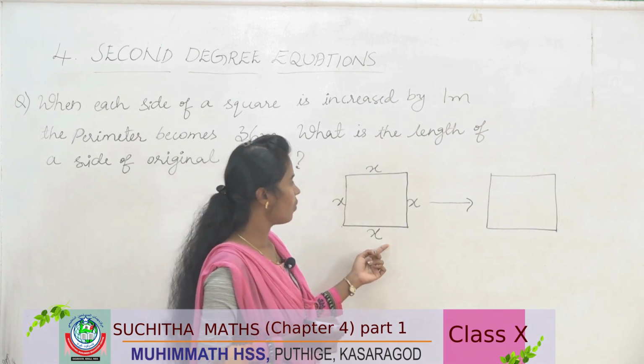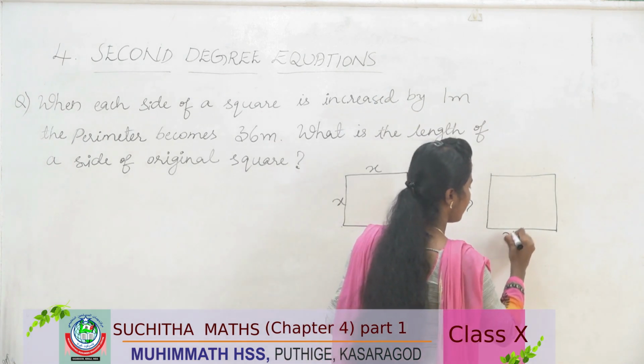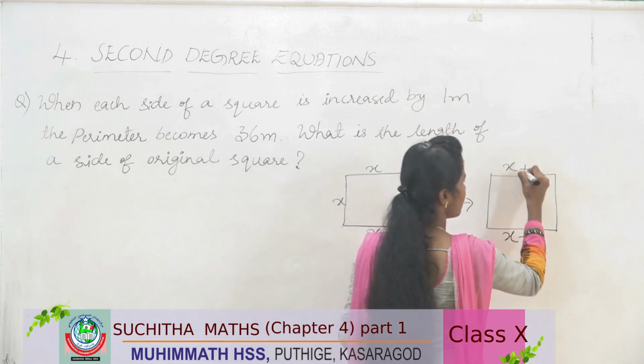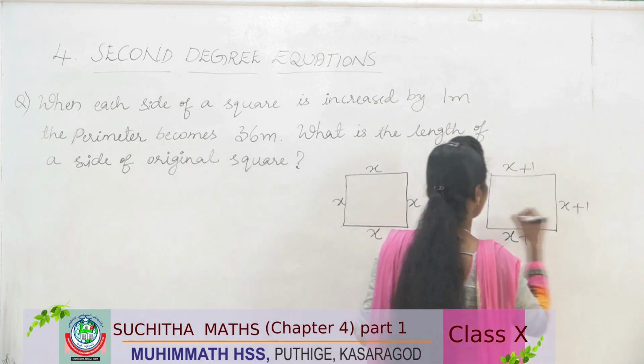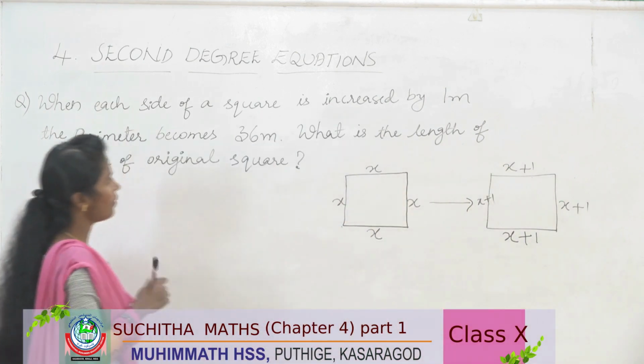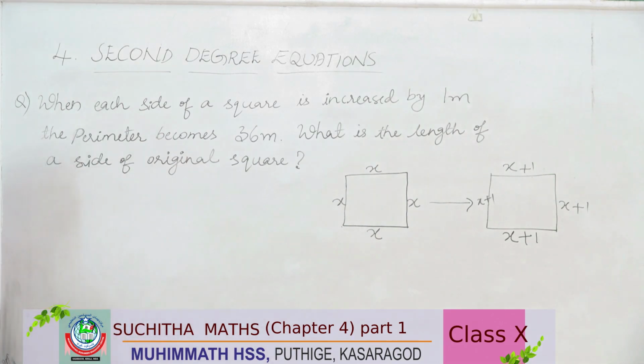If we increase 1 meter, then what is the length of a side of the square? x plus 1. So all sides are equal, x plus 1. And given the perimeter is 36 meter.